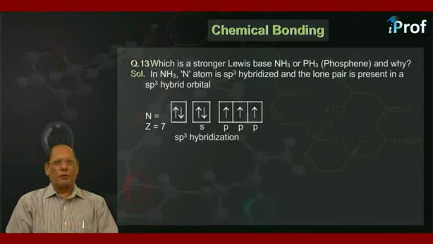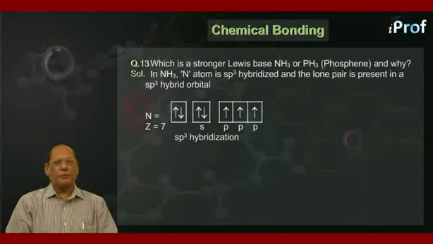Question number 12. The question is, which is a stronger Lewis base? Ammonia, NH3, or phosphine, PH3? And why?